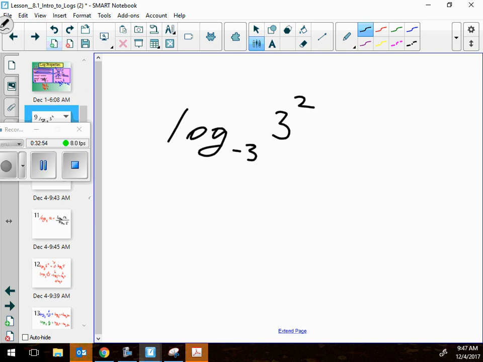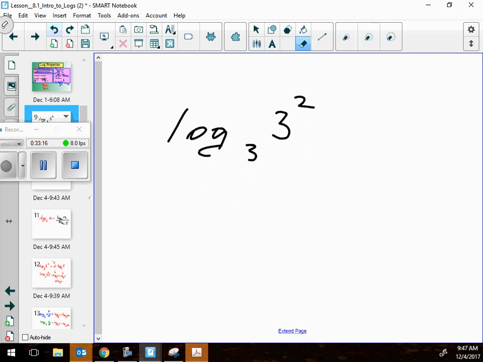Yes, the 2 can go out in front of the log. You're right, but that's not the key to the question. What can't be negative? The base can't be negative, therefore no solution. You can't have a negative base. Remember that? How the base had to be bigger than 0? All right. Now, how about if I make this positive 3?